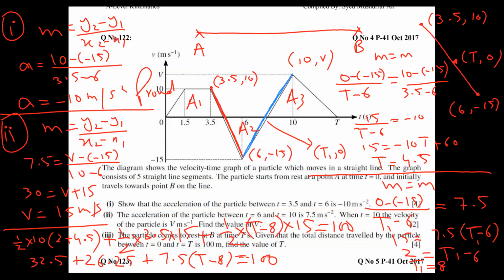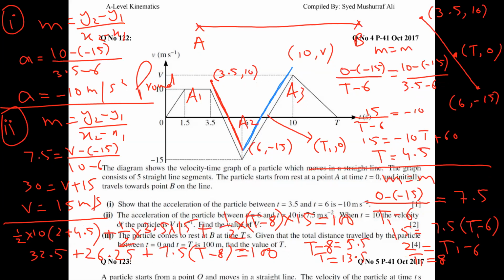And 41.25 divided by 7.5, and I'm getting here t minus 8 is equal to 5.5, and 5.5 plus 8 gives us 13.5. So I hope the concept is clear, and the question is completely finished.